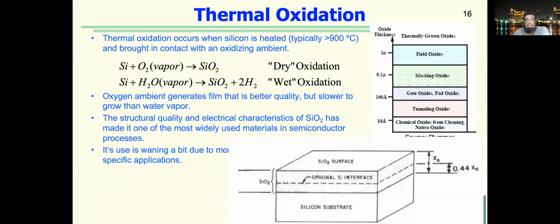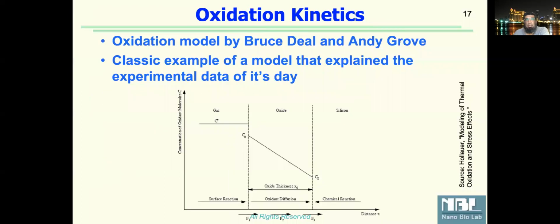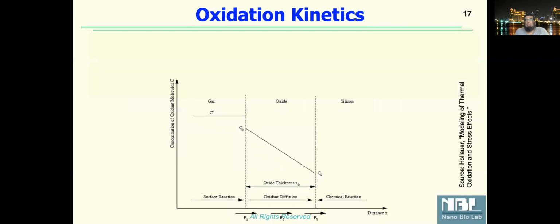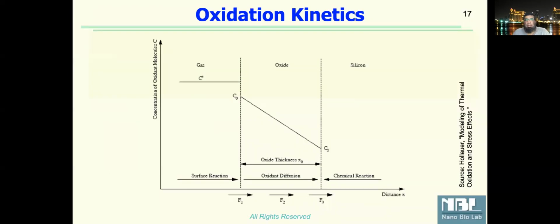Essentially, there are three basic components of that reaction of oxygen. If we start from the left, the oxygen species comes in and encounters the existing oxide, which has already been grown before. Now it has to diffuse through.